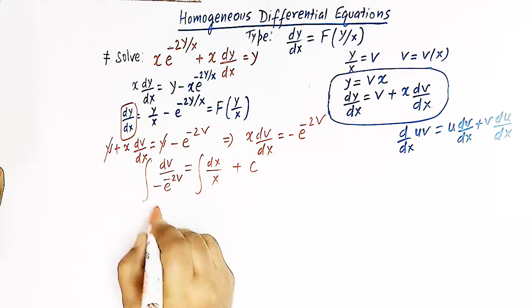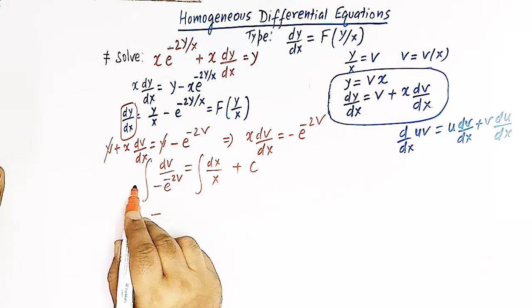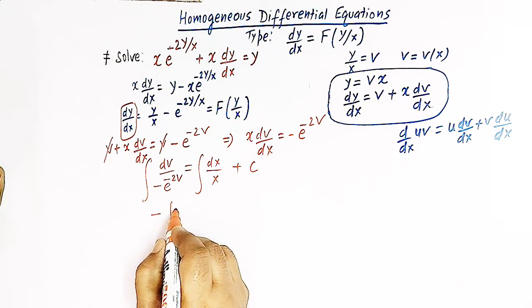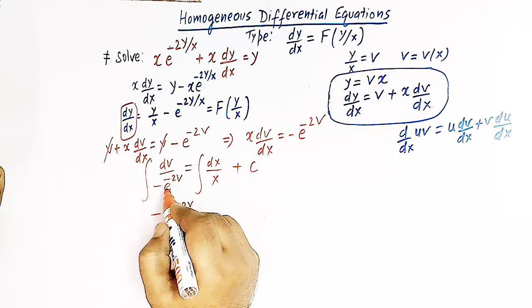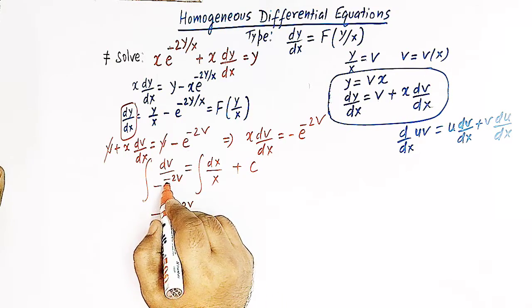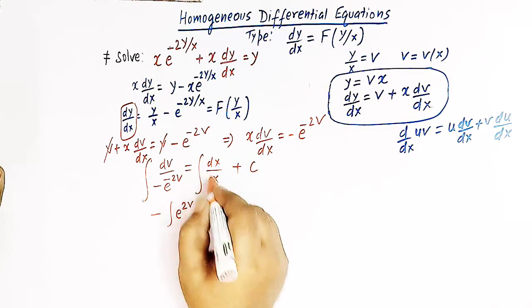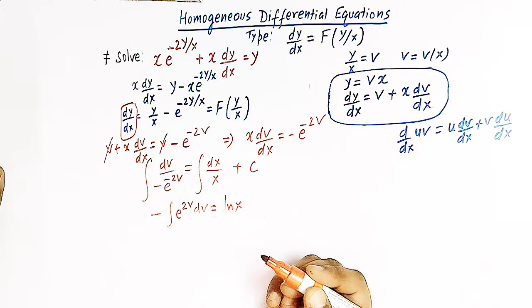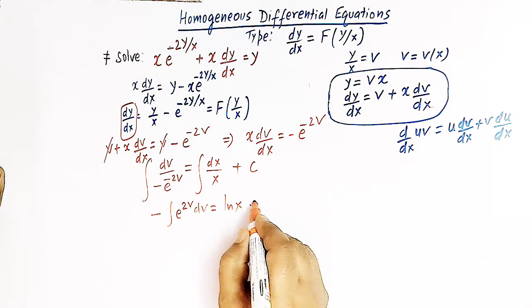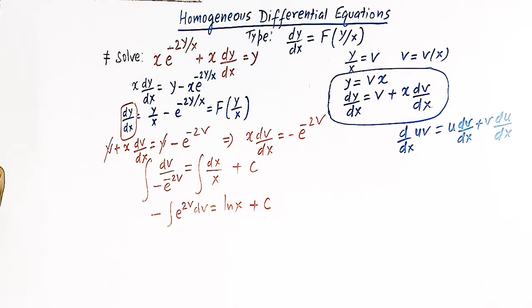So now we can take minus outside the integral, and we have e raised to 2v, taking e raised to minus 2v to the numerator, and we have dv. Here we have log of x, right? And here we have c as the constant of integration.